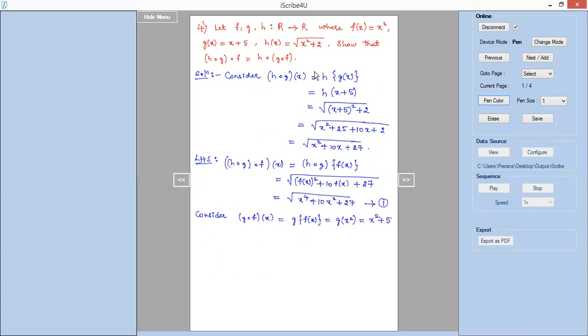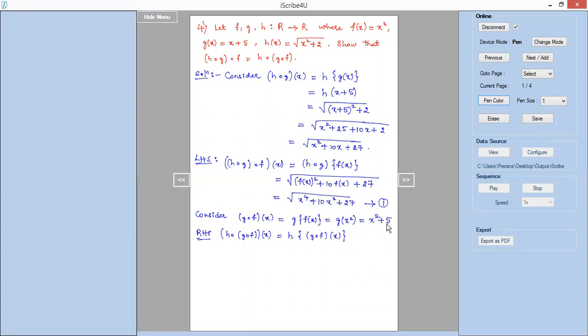Now we consider the entire RHS. That is nothing but h composition of g composition f of x, which is h of g composition f of x from the definition of composition of functions. We have already obtained what is g composition f of x.